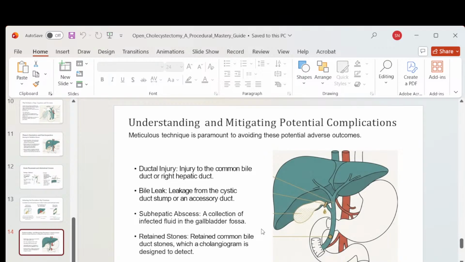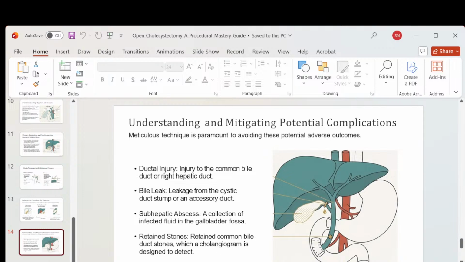The complications are ductal injury, sorry, not a complication, but an accidental ductal injury, injury to the common bile duct or right hepatic duct, bile leakage from the cystic duct stump or an accessory duct, subhepatic abscess, a collection of infected fluid in the gallbladder fossa, and retained stones, retained common bile duct stones, which a cholangiogram is designed to detect.